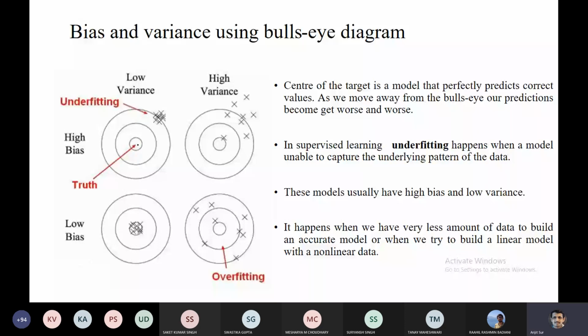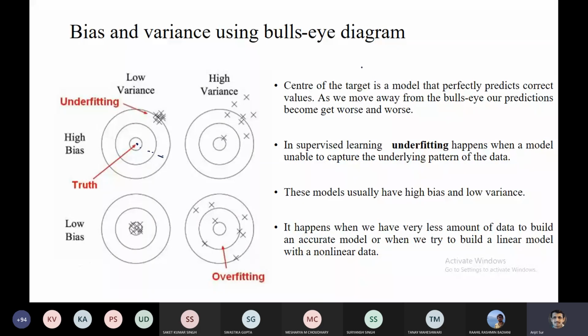As we move away from the bullseye, our predictions get worse and worse. So that is the idea. If you go from here to here, our prediction is bad, for both training and testing.